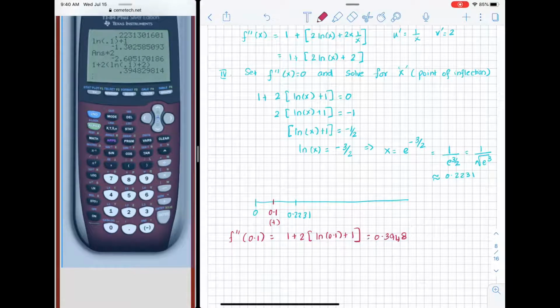So it is positive there, so it has to be concave up.